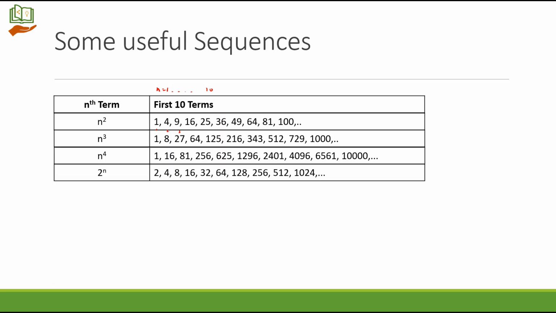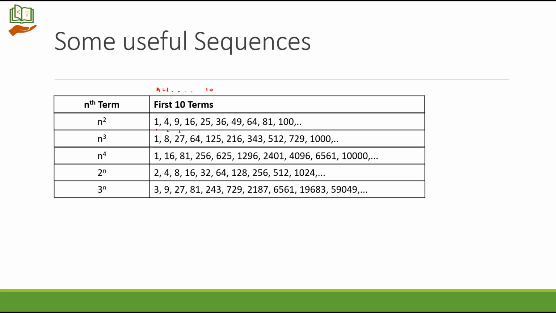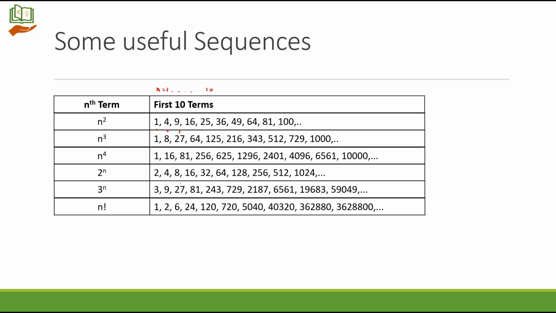What about 2 power n? 2 power 1 is 2, 2 power 2 is 4, 2 power 3 is 8, 2 power 4 is 16, and it goes on. What is 3 power n? 3 power 1 is 3, 3 power 2 is 9, 3 power 3 is 27, and it goes on. What about n factorial? 1 factorial is 1, 2 factorial is 1 into 2, 3 factorial is 1 into 2 into 3, 4 factorial is 1 into 2 into 3 into 4.